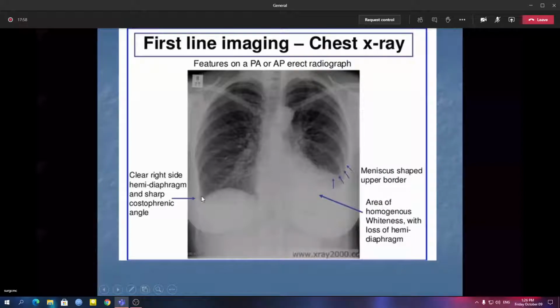Now here you can see the costophrenic and cardiophrenic angles are more or less clear. There are some streaky opacities about the lungs, but these angles are more or less clear. Whereas on the left side, both costophrenic and cardiophrenic angles are obliterated, and you can see a crescent shaped border going up on the left.